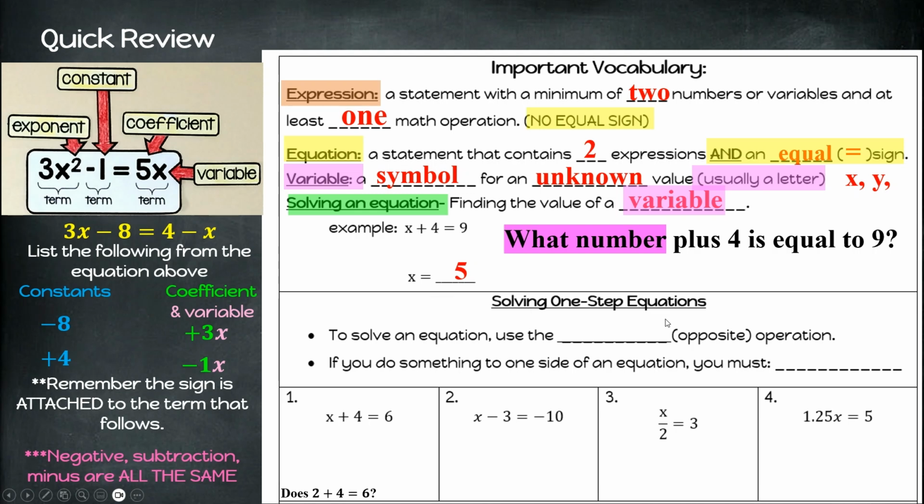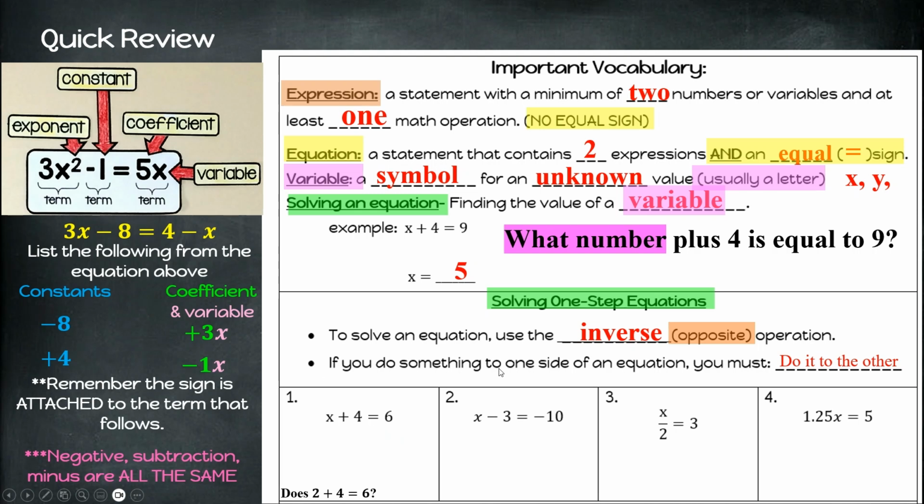So when we are solving one-step equations, we are going to use the inverse or opposite operation. So the opposite or inverse of adding, so here we have x plus 4 equals 6, would be to subtract 4.